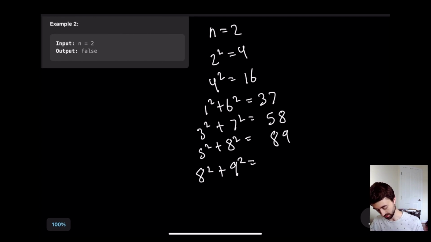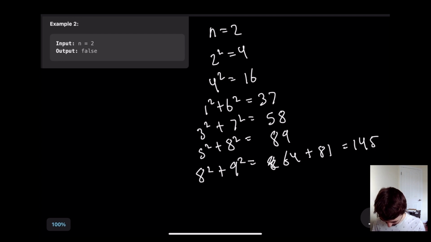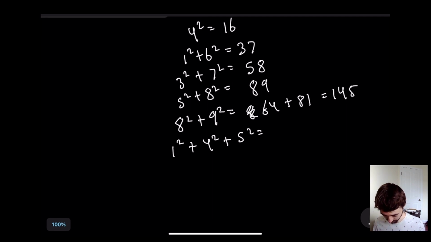So that's, let's see, 81 plus 64, so that's 145. Now we get 1 squared plus 4 squared plus 5 squared, so that's 17 plus 25, which is 42.